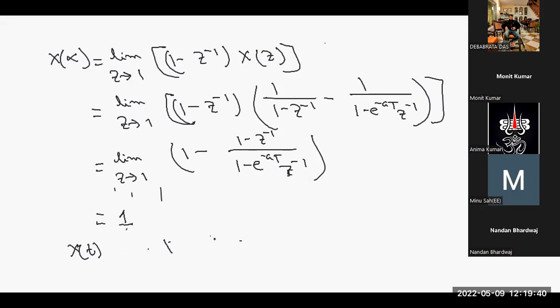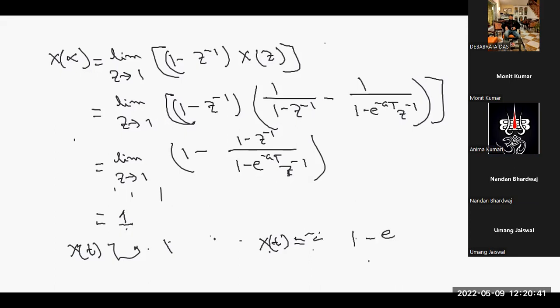So this is the x(t), we can easily write x(t) equals 1 minus e to the power minus at.